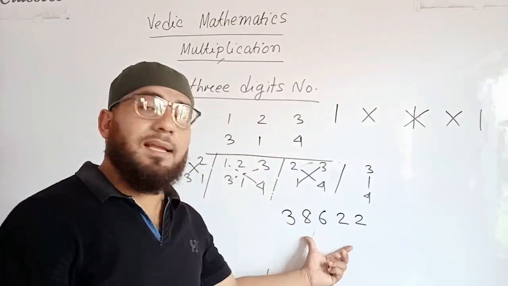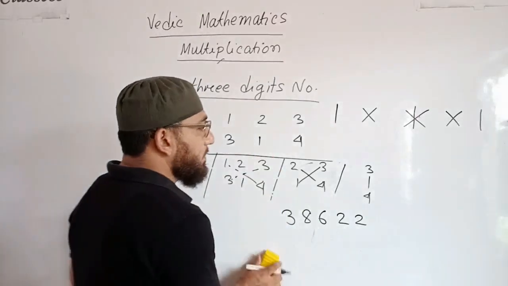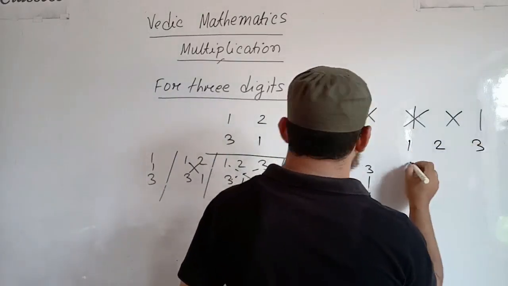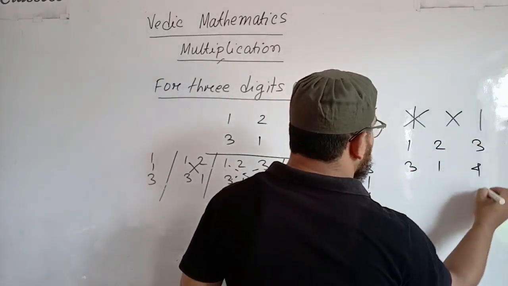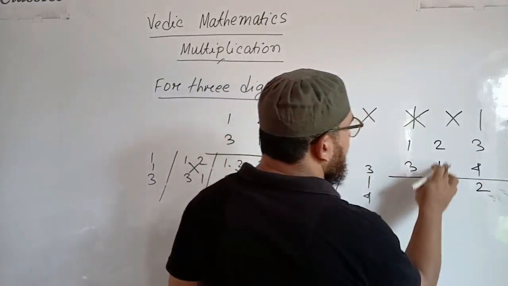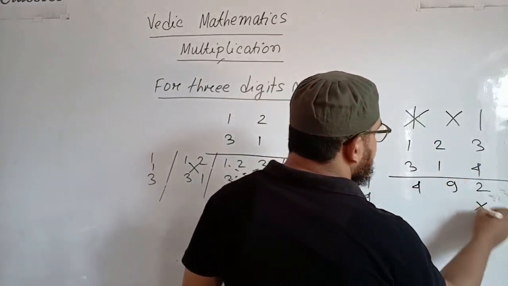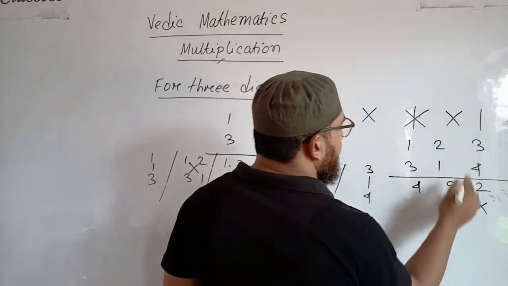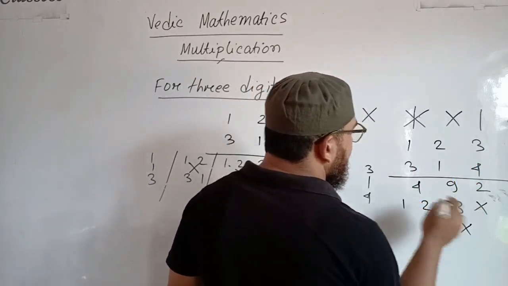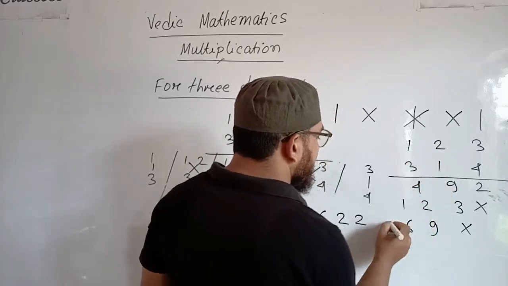You can write it in one line for multiplication of 3-digit numbers. Now if you do it in the traditional method, 3 1 4, you have to multiply here 4 times. 3 4s are 12, 2 4s are 8, carry 1 is 9, 4, multiplication sign, 3 1s are 3, then 2, then 1, again multiplication sign, 3 3s are 9, 3 2s are 6, 3 1s are 3.